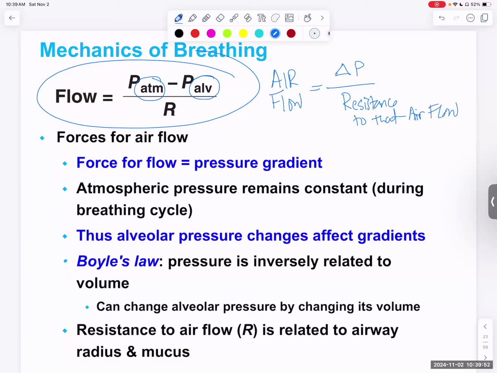So like cardiac output, if you remember, cardiac output is blood flow.